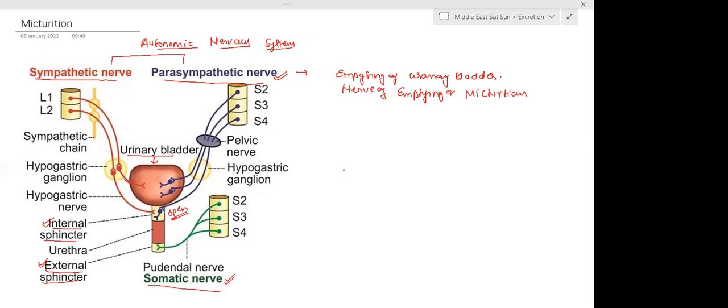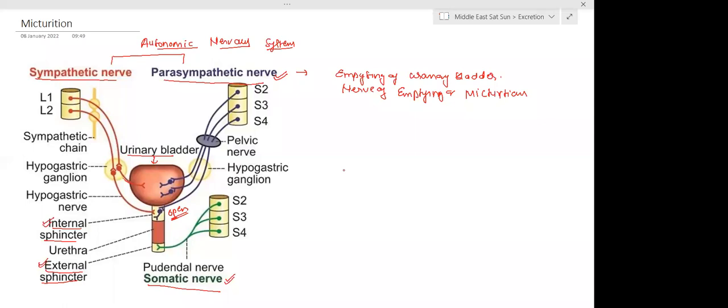So let me repeat that the somatic nerve maintains the contraction of the external sphincter, so that the external sphincter is constricted always. Full stop.